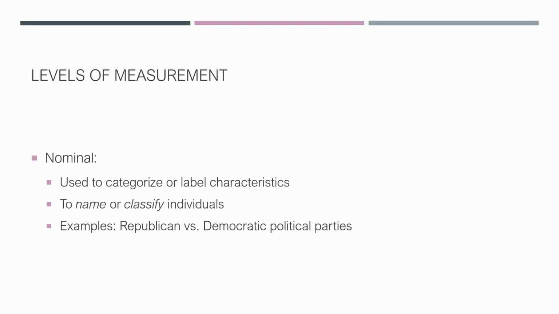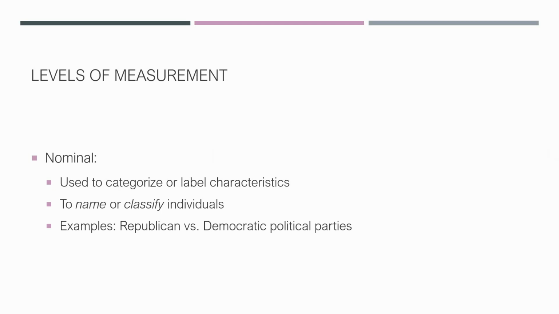Nominal variables are used to categorize or label characteristics. They are serving the purpose of grouping individuals into separate dimensions. So nominal really does mean to name or classify individuals into separate categories. The example that I have here is the Republican versus the Democratic political parties.